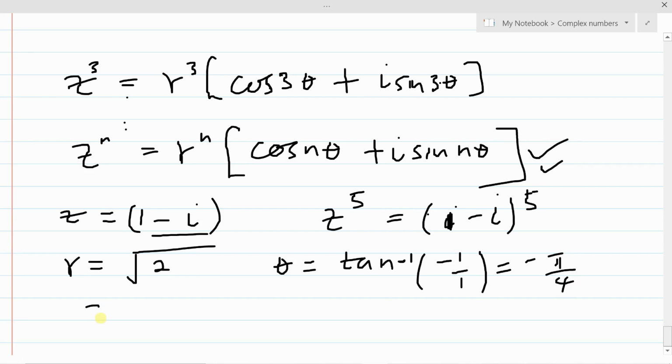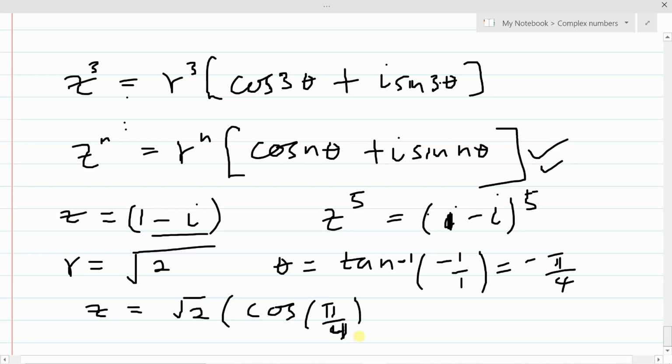Then our complex number can be rewritten as: r is square root of 2, then cos of pi on 4, since cos of a negative number is the same as cos of the positive, minus i sine of pi on 4.